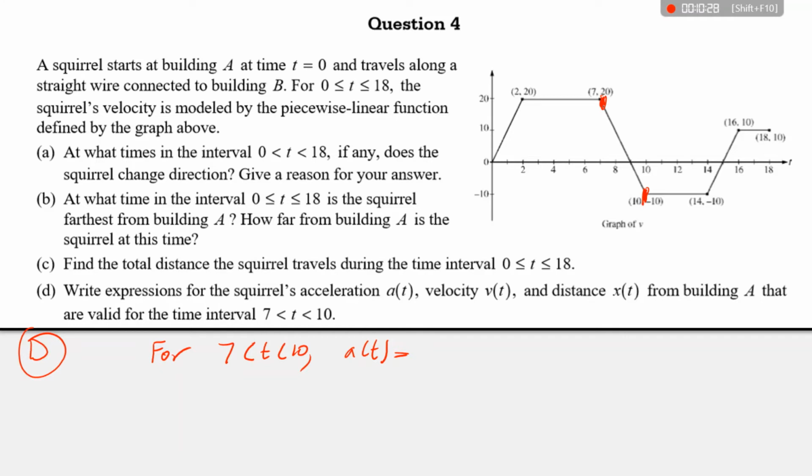F(10) minus F(7) over 3. I don't have any f's, so this would be V prime of t, which is V(10) minus V(7) over 3. Okay, what's V(10)? V(10) is minus 10.